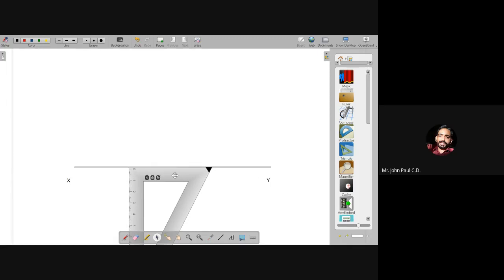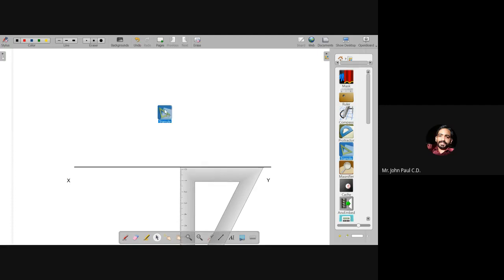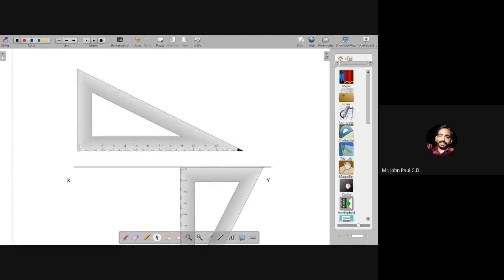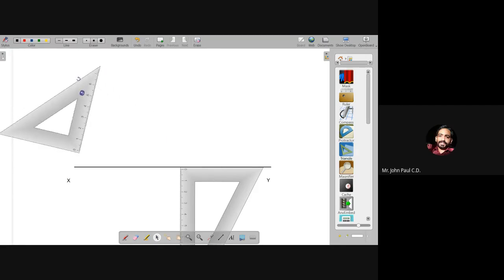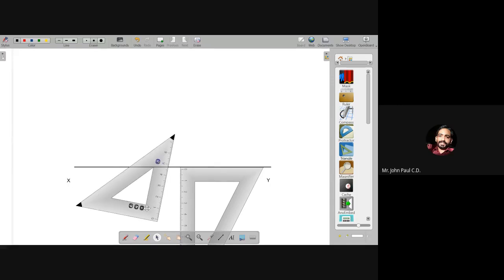I kept this base parallel to this particular XY line. Now I need another set square, usually a 45-45. I will keep it here and make it parallel.